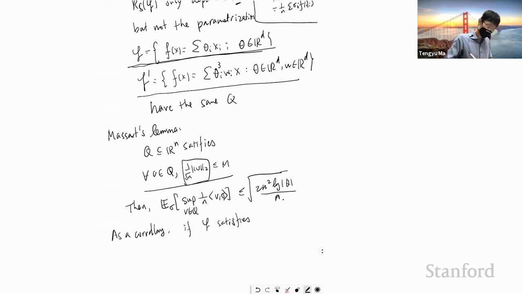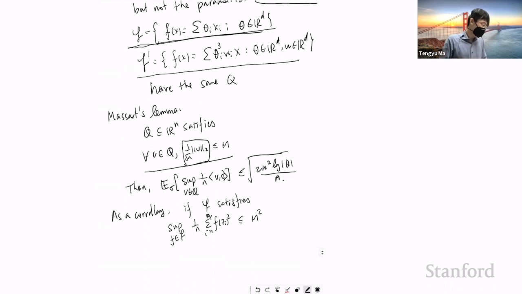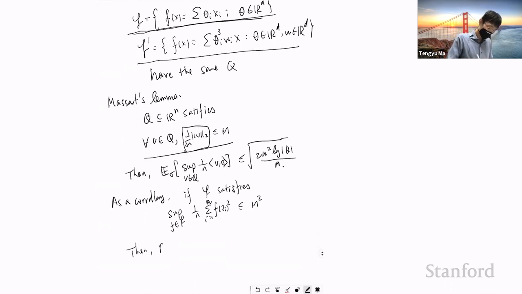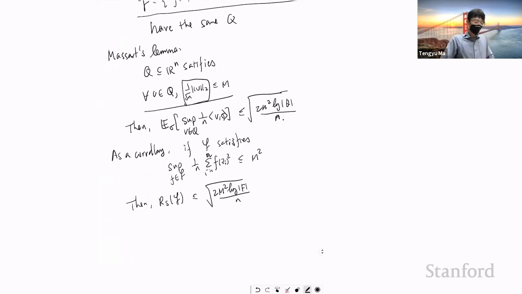If f satisfies that this function is bounded on these z_i's in the following sense: the average output square is bounded by m squared, then the Rademacher complexity of f is bounded by square root of 2m squared log |f| over n. Okay, so that's the relatively easy case where you have a finite hypothesis class.